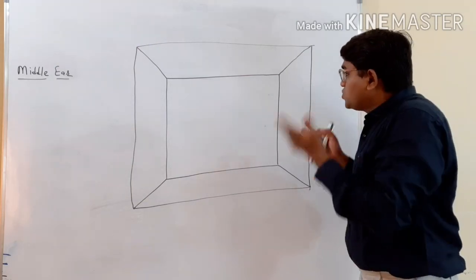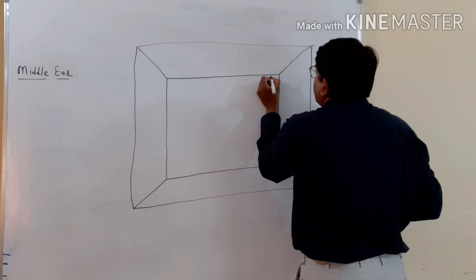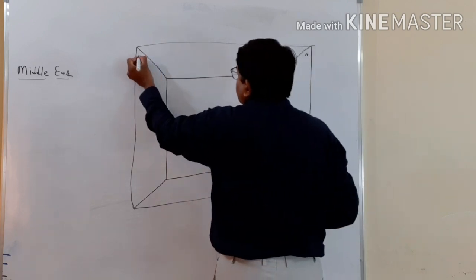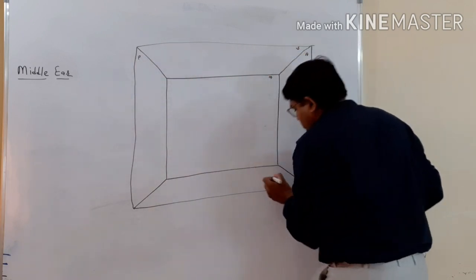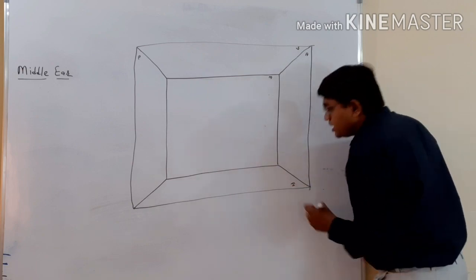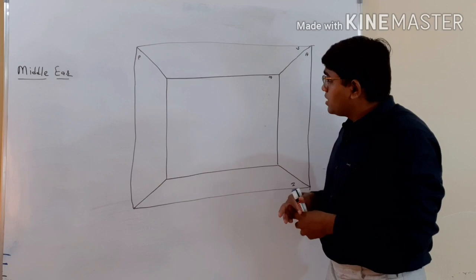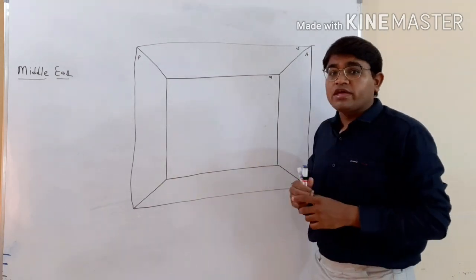This is its medial surface, this is the anterior surface, posterior surface, superior surface, and the inferior surface. So it is a view from the lateral aspect of the ear.